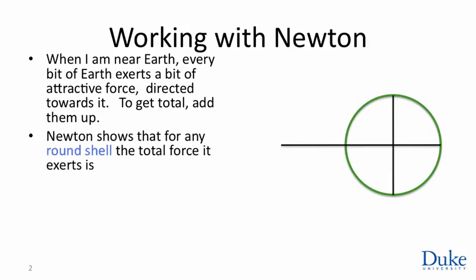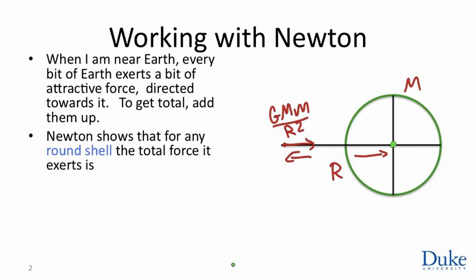But what he showed, and we're not going to repeat that calculation for that reason, is that if you just take a round, spherically symmetric shell of mass, so imagine just the crust of the Earth with an empty inside, then the total force it exerts on someone standing over here at some arbitrary point outside, well, if the mass of the shell is m, and my distance from the center of the shell is r, then the force that the shell exerts on a person over here is GM over r squared, and it's directed towards the center of the shell as it had to be by symmetry.